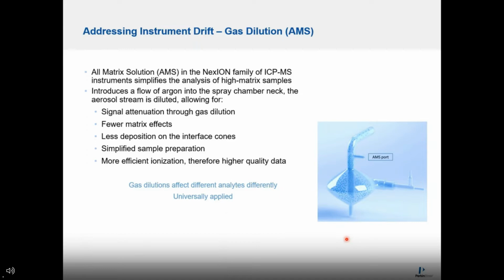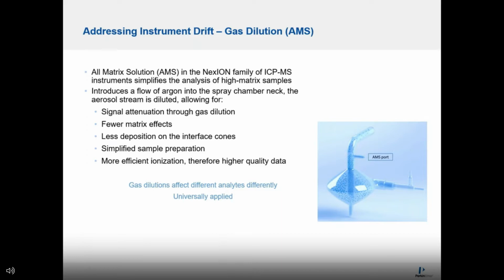The AMS not only simplifies sample preparation, with the salt contents reduced, we can reduce deposition on the interface and also effect a more efficient ionization, thereby generating higher quality data for elements such as arsenic, selenium, and mercury. However, it should be noted that the gas dilution is universally applied to all elements, and lights and measures matrices are alike.